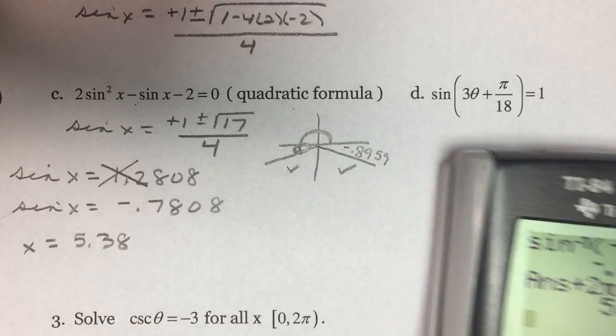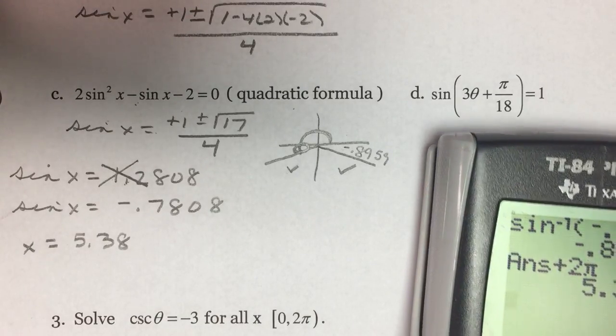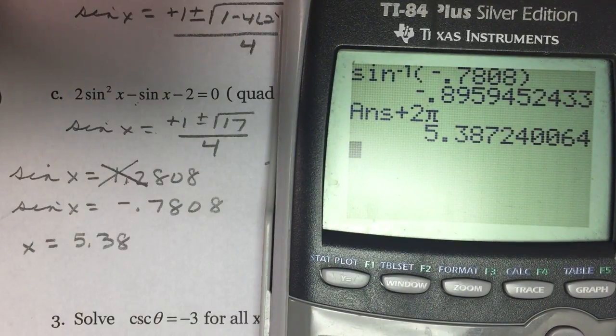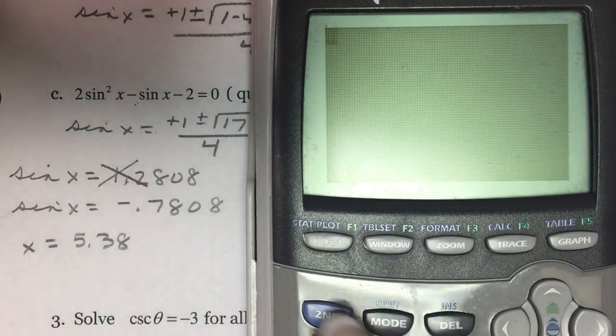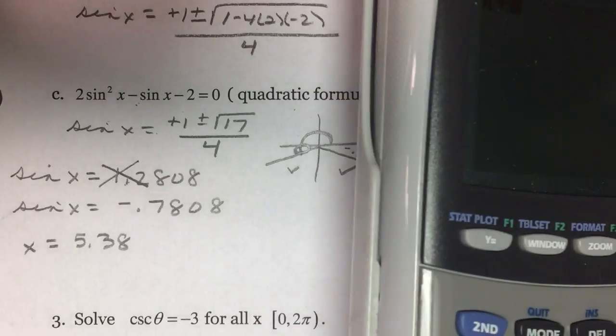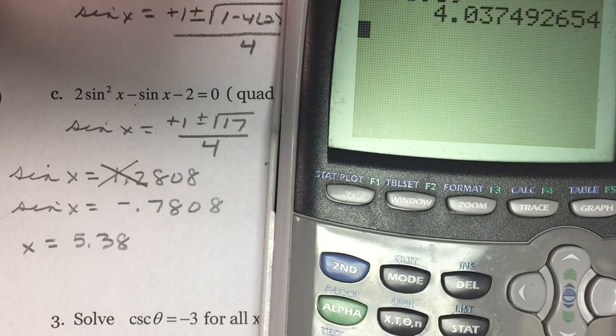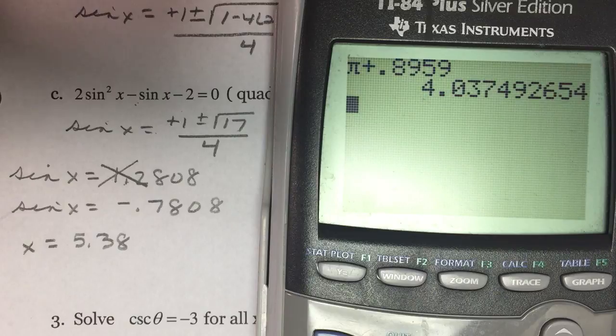And if I do that, let me clear this out. If I just take pi, and if I add 0.8959, you're going to get 4.037. Let's just go 4.037.